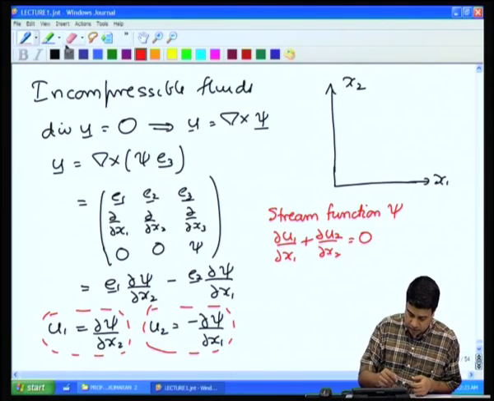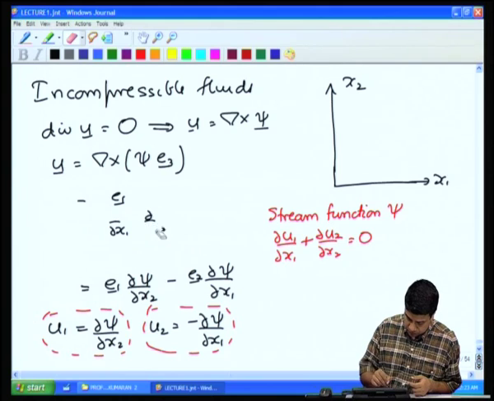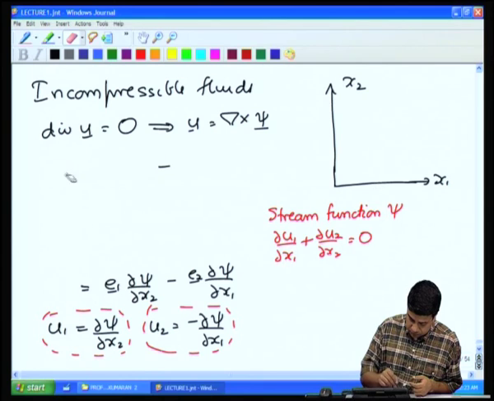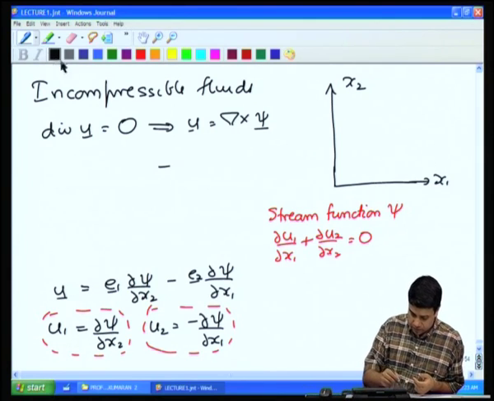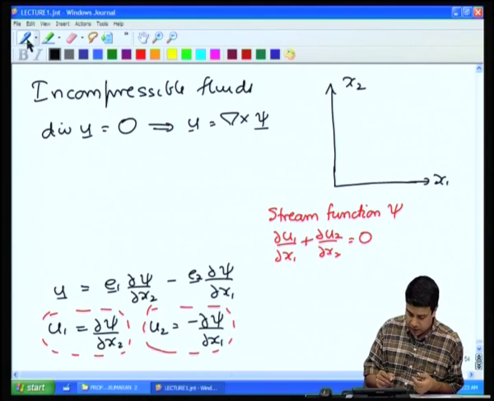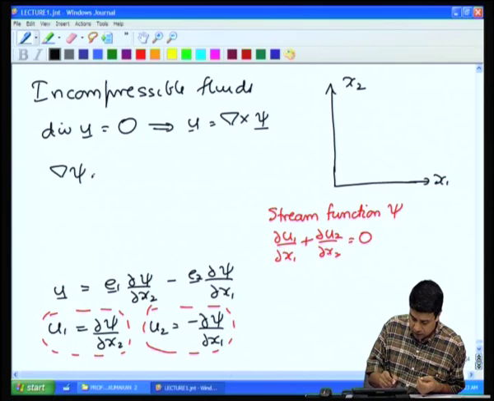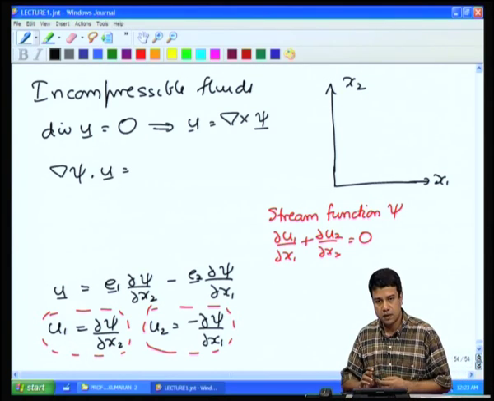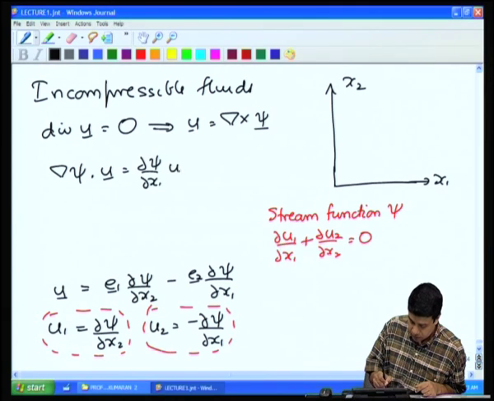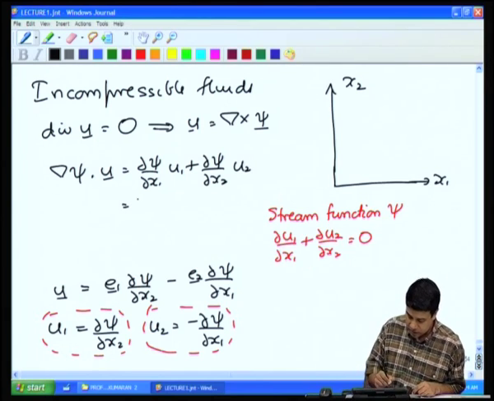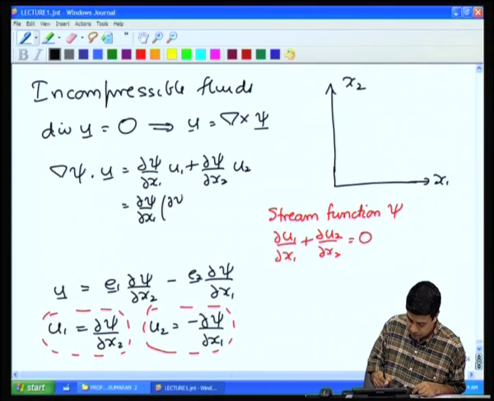Let us look at this. If I take the gradient of psi and dot it with the u vector, this becomes partial psi by partial x1 u1 plus partial psi by partial x2 u2. u1 is partial psi by partial x2, and u2 is minus partial psi by partial x1.